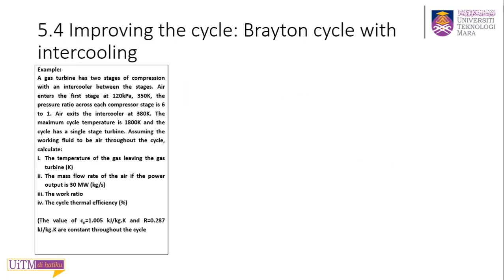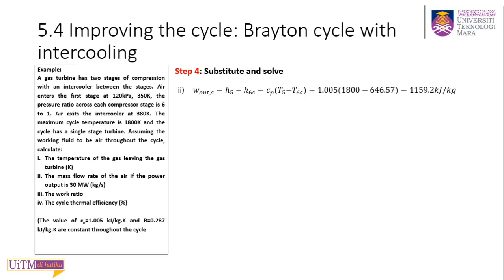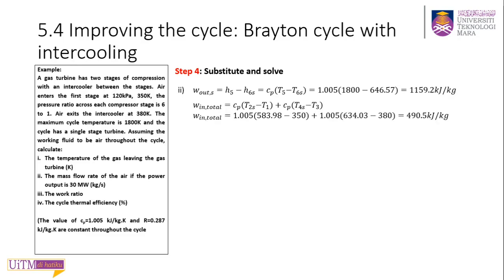For step 4, substitute and solve for the required items. For mass flow rate, calculate individually the work output and work input and then solve for work net per unit mass. Then substitute the value to solve for mass flow rate based on the equation previously.